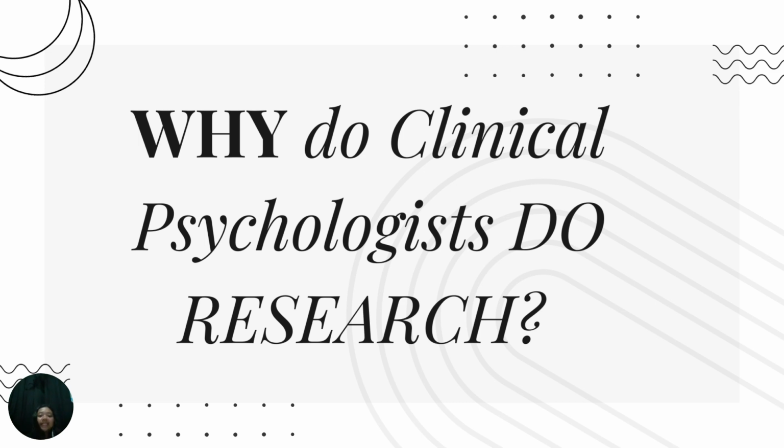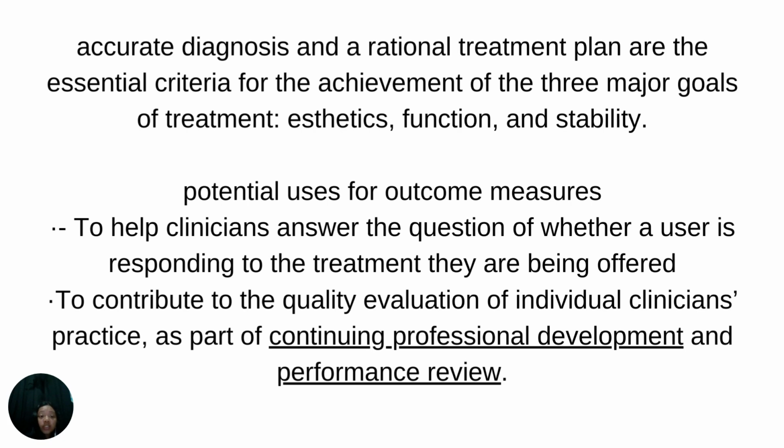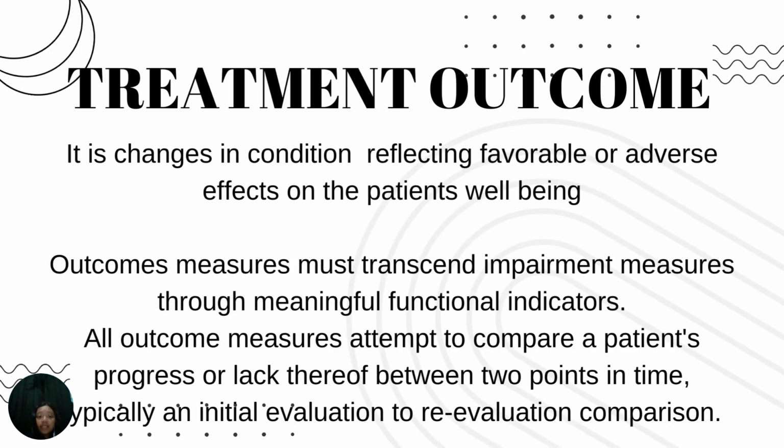Why do clinical psychologists do research? First one is for the treatment outcome. It changes in condition, reflecting favorable or adverse effects on patients' well-being, and outcome measures must transcend impairment measures through meaningful functional indicators.